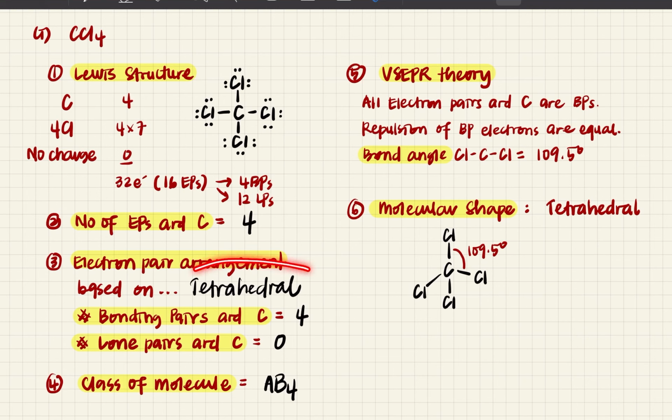Okay, so from here, we are going to explain using valence shell electron pair repulsion theory. So this is important. You must compare the electron pair repulsions that are in your molecule.